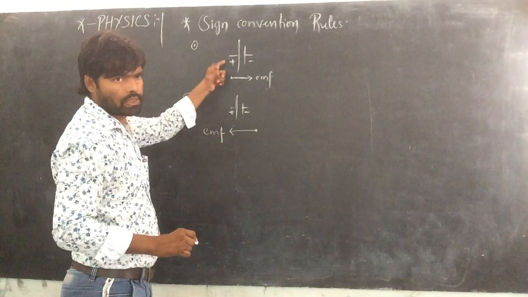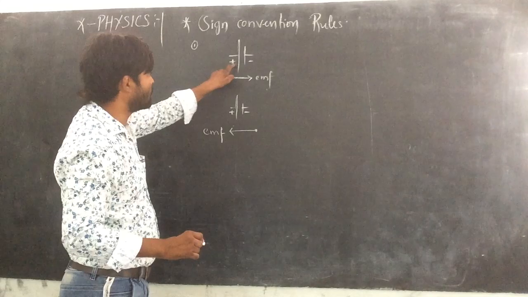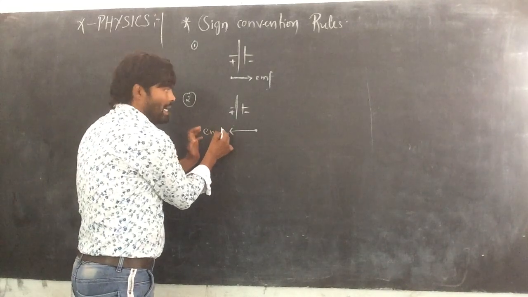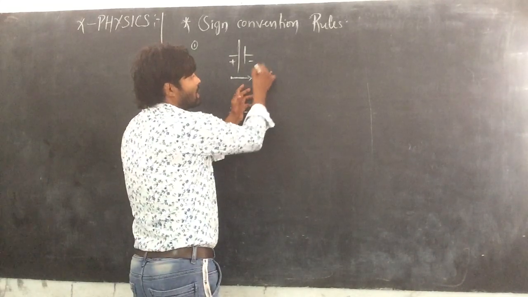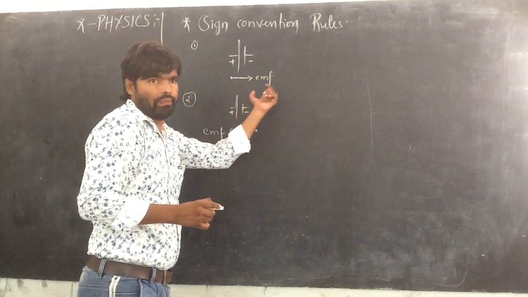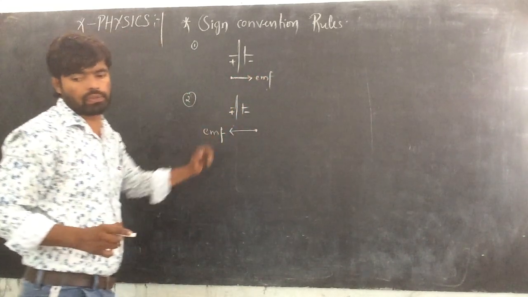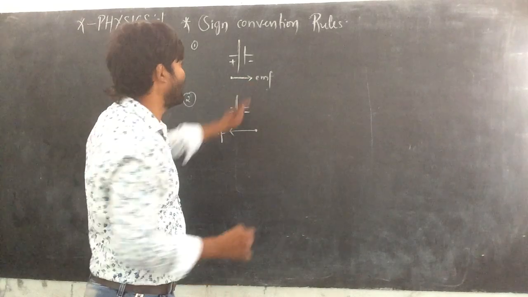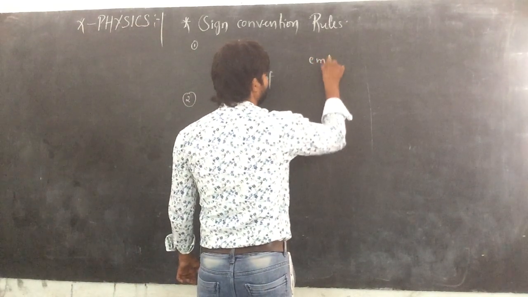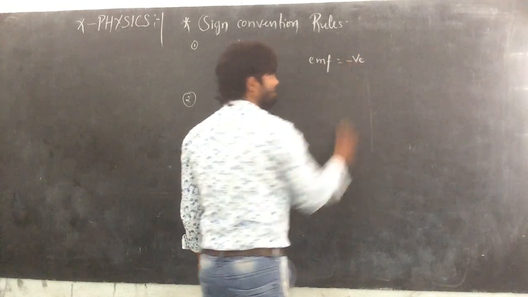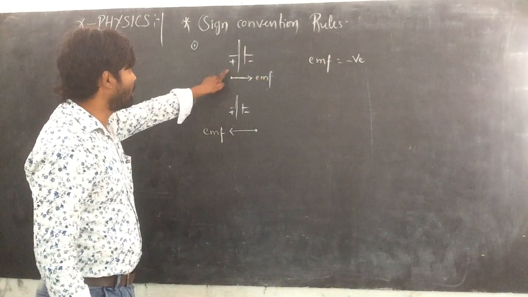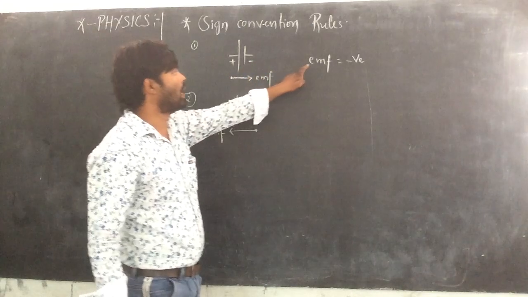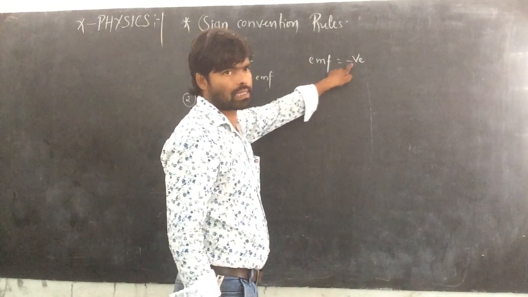Here there are two different situations: EMF from positive to negative, and EMF from negative to positive. What sign do we have to take for EMF, positive or negative? Whenever it is moving from the positive terminal to the negative terminal, EMF is taken as negative.